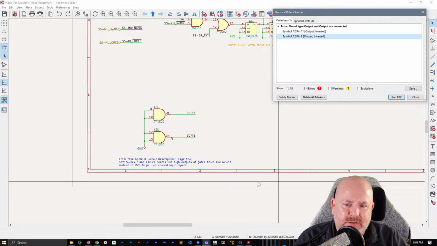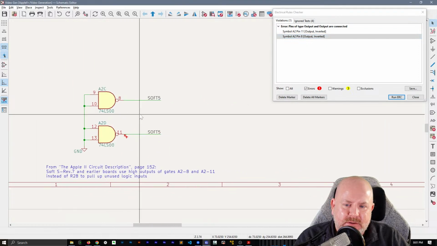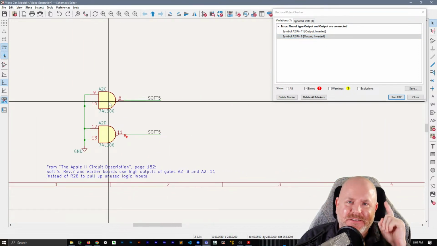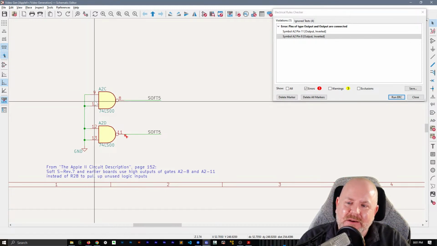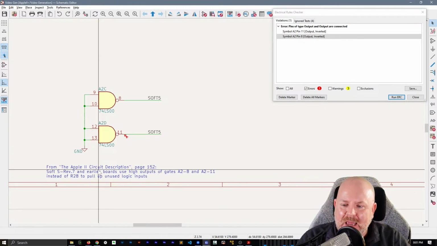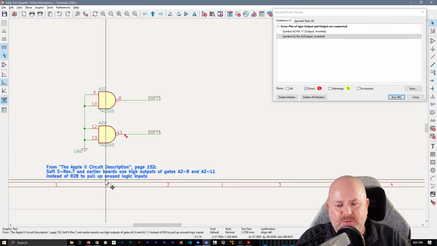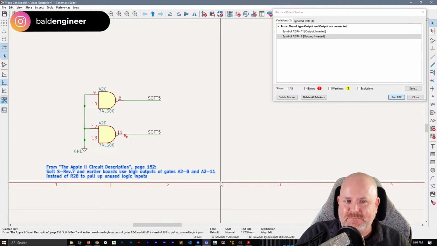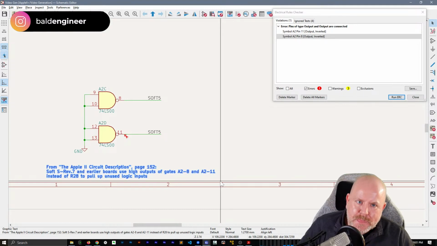I see what the circuit is doing, right? The inputs are grounded, and so the output is always going to be a 1. And the Apple II circuit description even says instead of using a pull-up resistor, they're just using these unused outputs effectively as a pull-up.